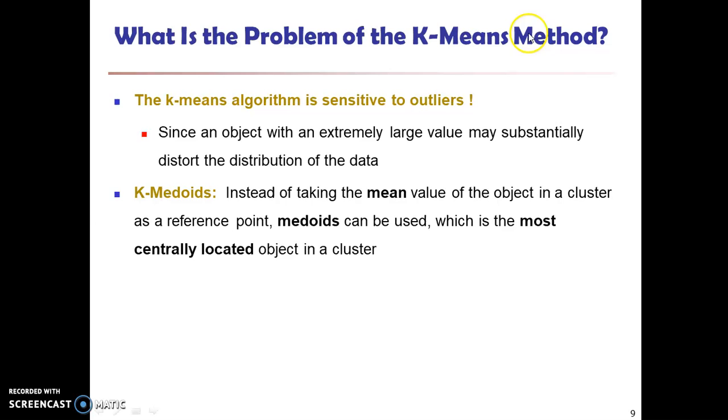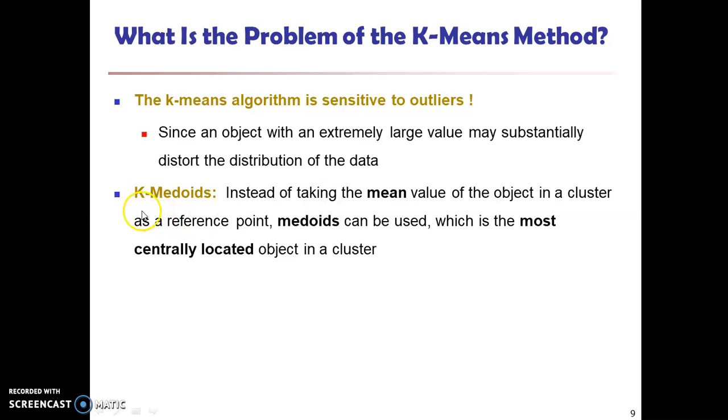What is the problem of the k-means method? The k-means algorithm is very sensitive to outliers, since an object with an extremely large value may substantially distort the distribution of the data. When you have a large volume of data points, there is a chance of having outliers also. If you are unable to identify the outlier properly, it will disturb the clusters.